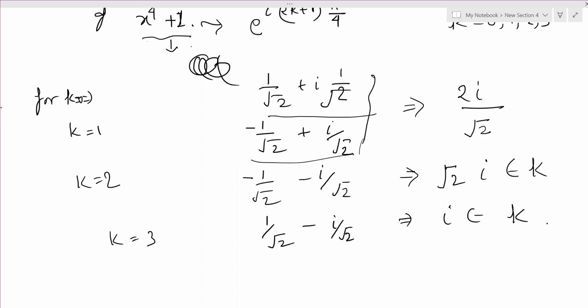Root 2 times root 2 is in Q, but root 2 is not in Q.